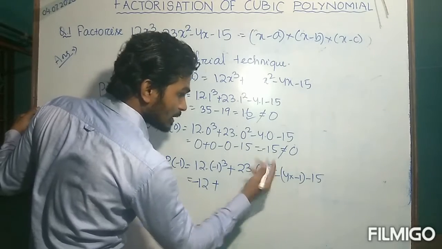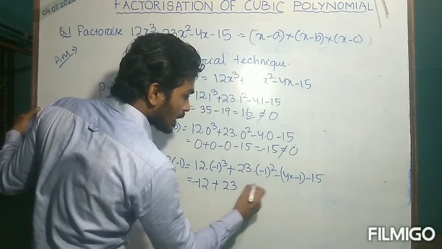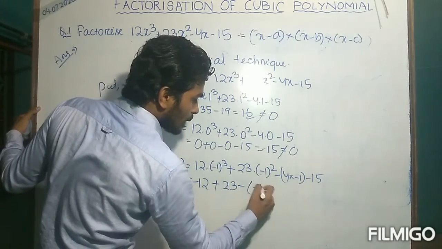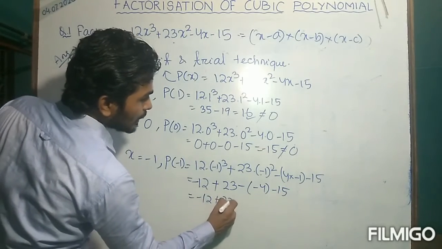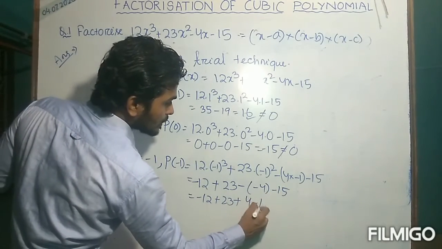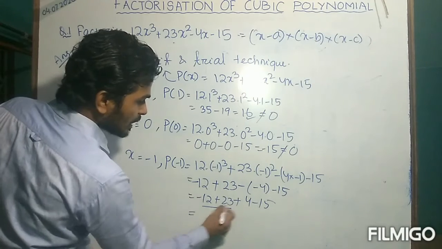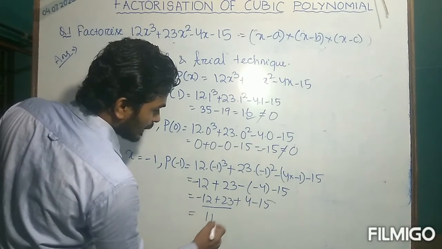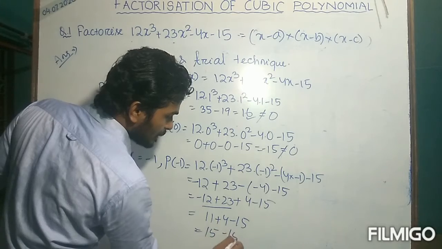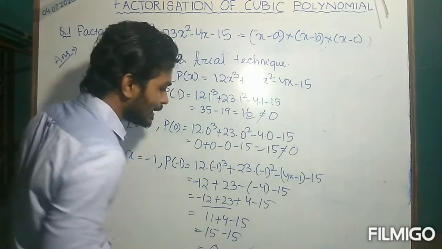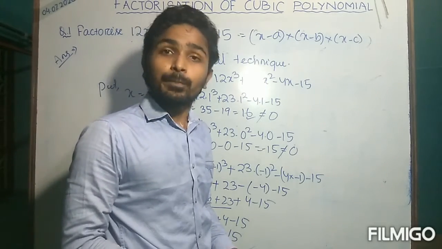Plus minus 1 square is 1, 23 into 1 is 23. Then plus 4, minus 15. So minus 12 plus 23 is 11, plus 4 minus 15, that is 15 minus 15, that is 0. And here we get the value of the polynomial to be 0.